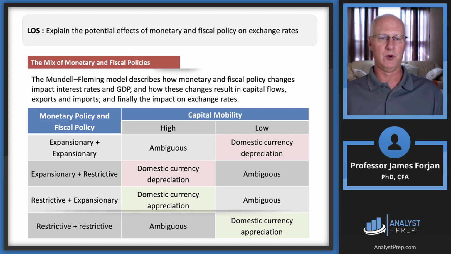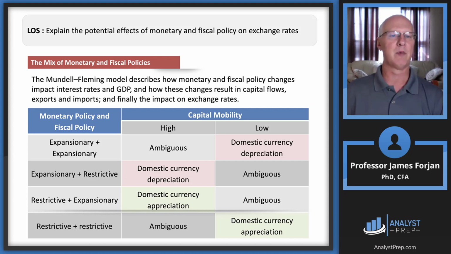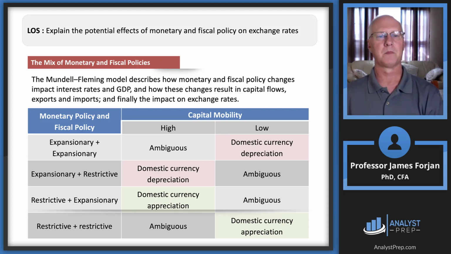All right, so what I want to do is go ahead and look at the middle of this table. So let's look at monetary policy and fiscal policy. Think United States here. Suppose monetary policy is expansionary, which means that the Fed is lowering interest rates and it's out there doing all sorts of stuff in capital markets, just flooding the market with the money supply.